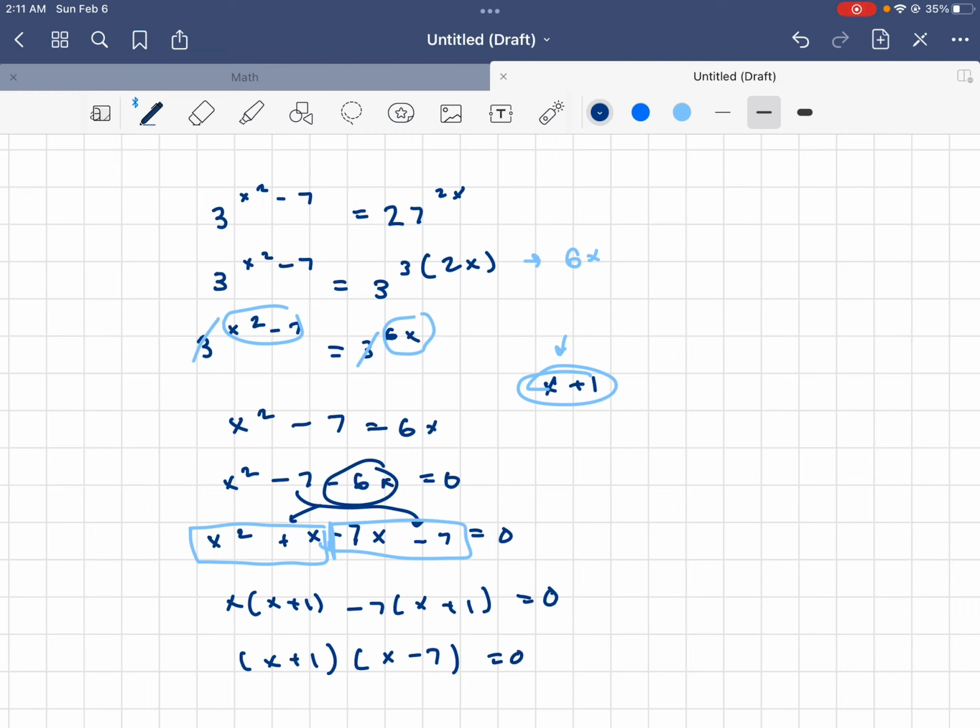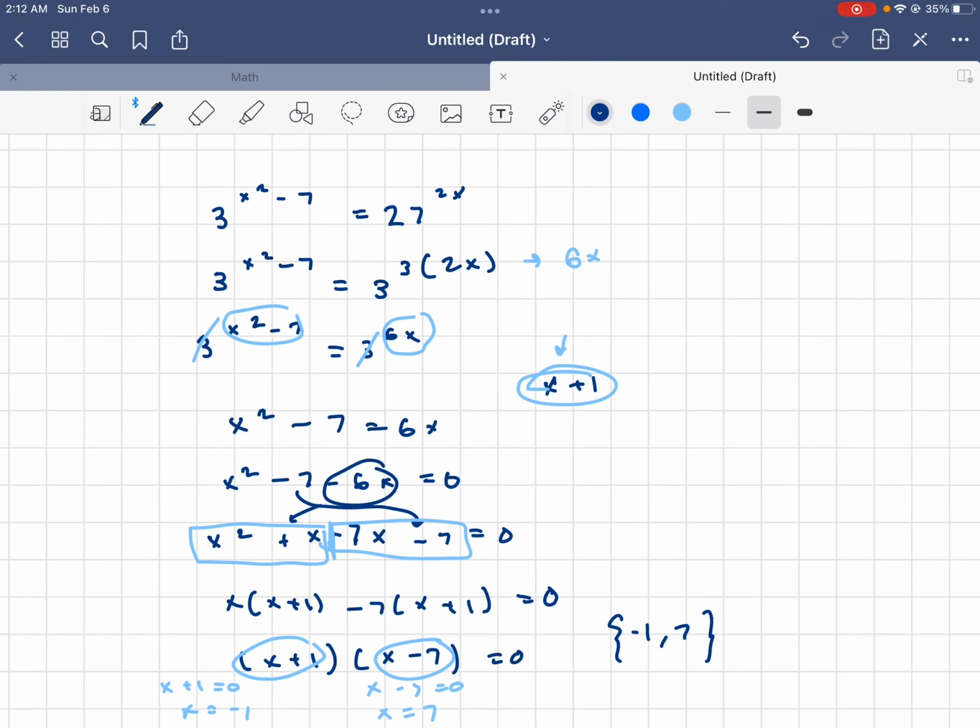And so now we have our x's. In this case, we have two solutions. If we set x plus 1 to 0, we get x equals negative 1. And if we set x minus 7 equals 0, we get x equals 7. So x equals negative 1, x equals 7. This is our solution set.